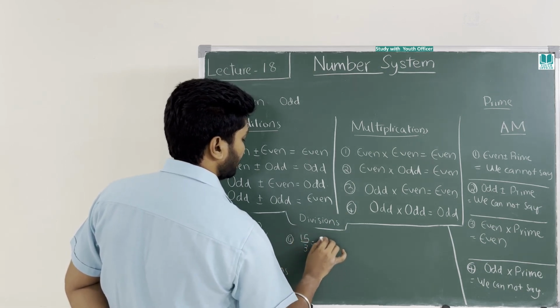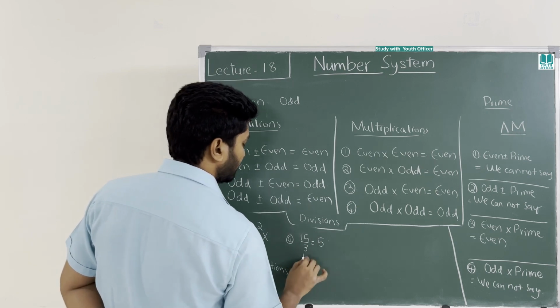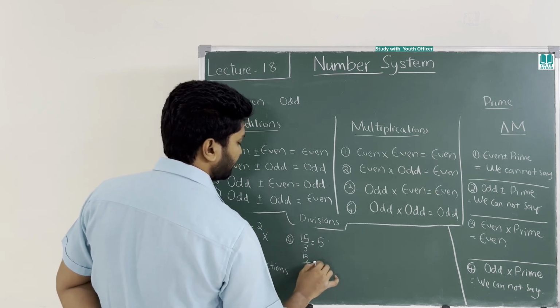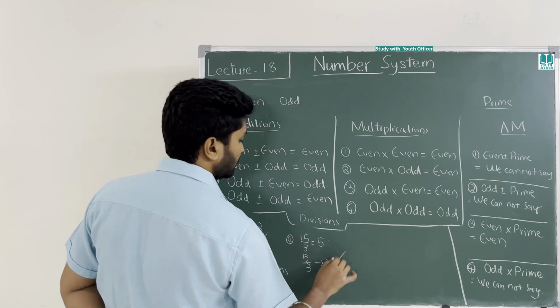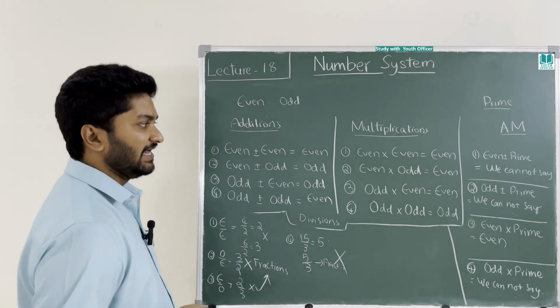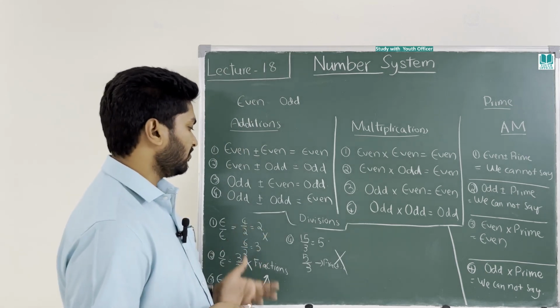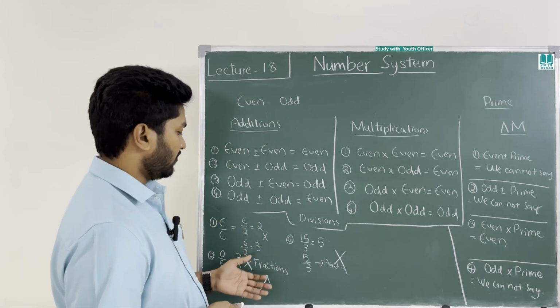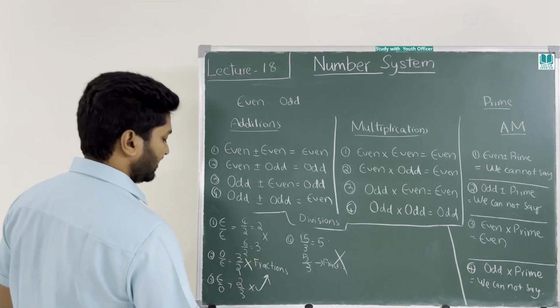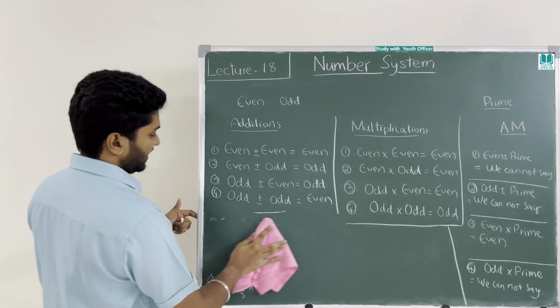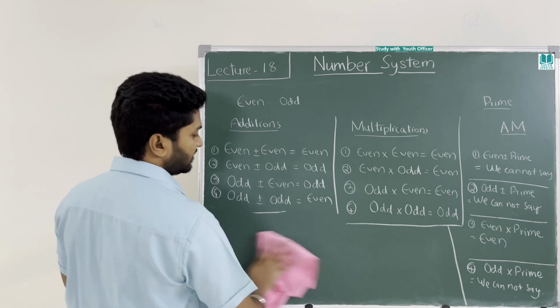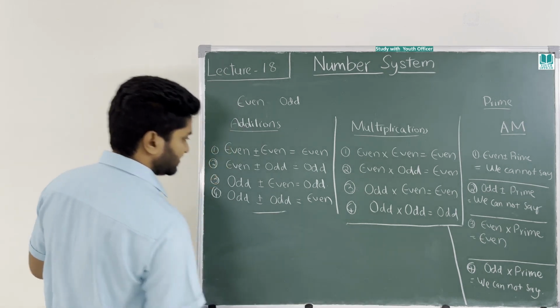you got 5 here, and one more odd number 5 by 3. Here there is a fraction. So directly we can't say in divisions. Answer can be even or odd or fractions. It is giving different kinds of answers. So that's why we don't take divisions and we cannot say anything about the division concept.